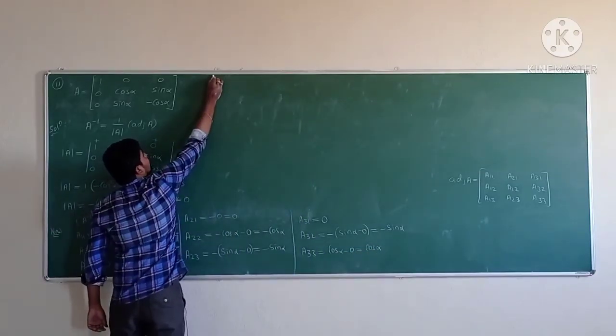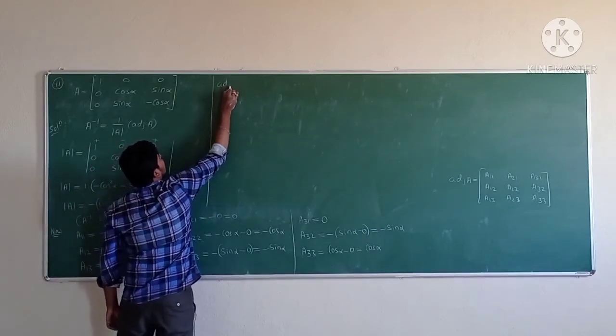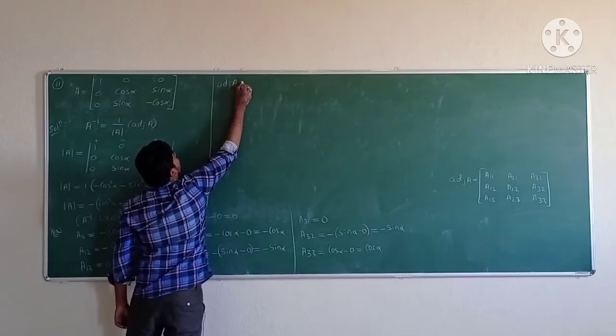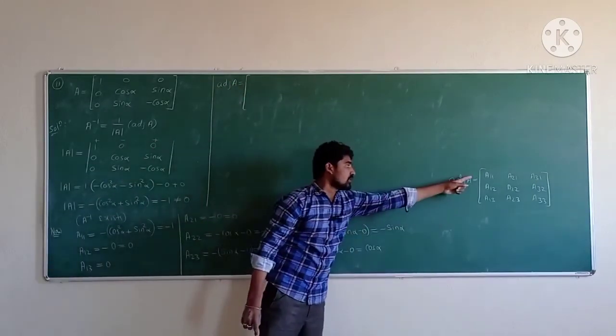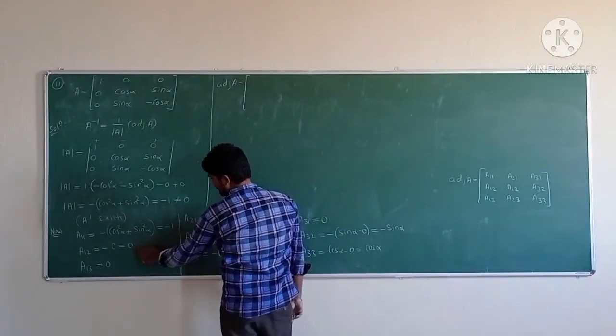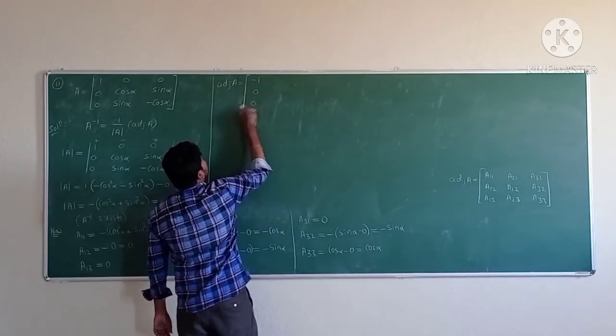Therefore adjoint of the matrix A is equal to, first column elements A11, A12, A13: minus 1, 0, 0.